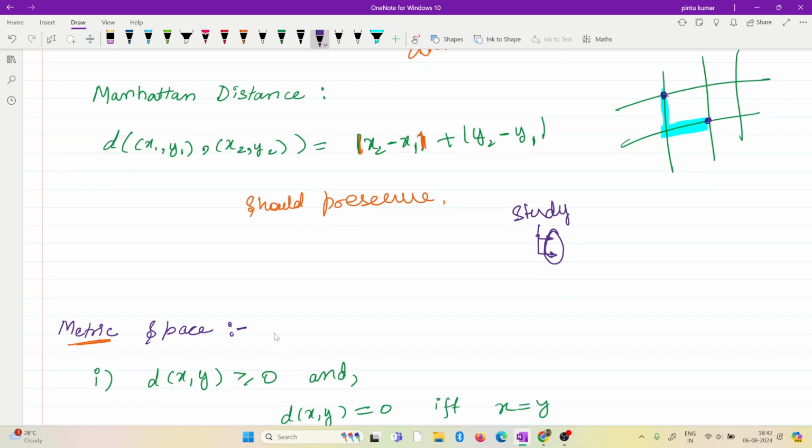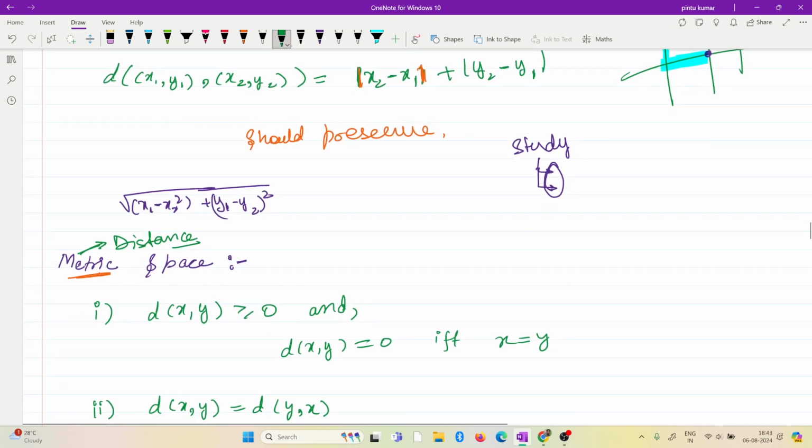So for example, we define Euclidean distance like this. Now we observe some properties of Euclidean distance, and we define these as a definition for a distance. Metric is just a more mathematical name for distance. Okay. So metric means distance.